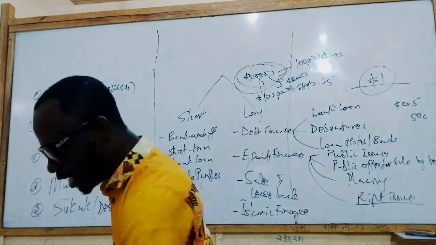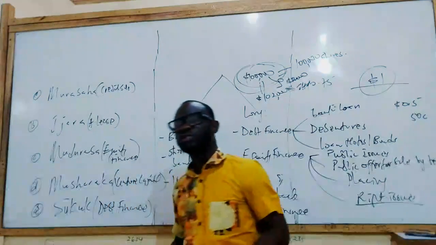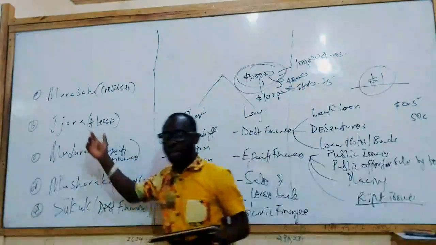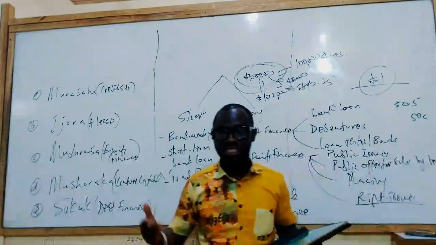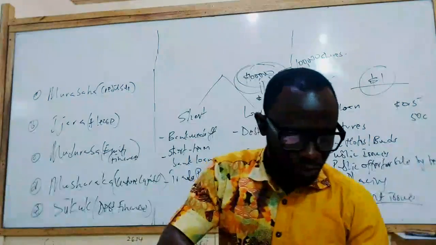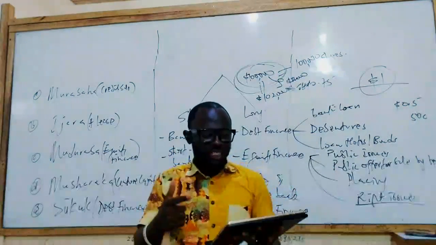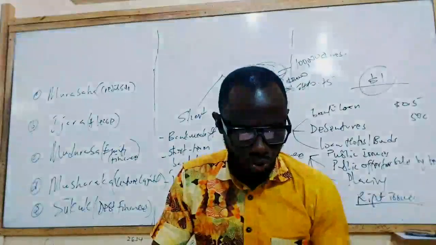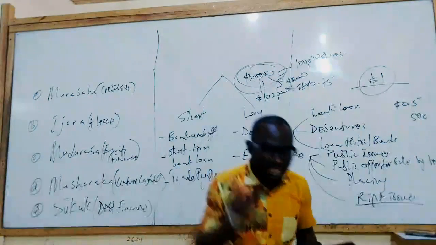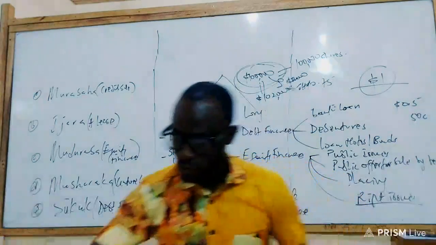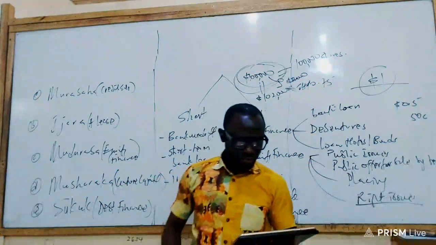Then we come to the second one called ijra or ijara. What is the concept about ijra or ijara? Remember, that is the same as what? A lease. So this is effectively a lease where the lessee pays rent to the lessor to use the assets.